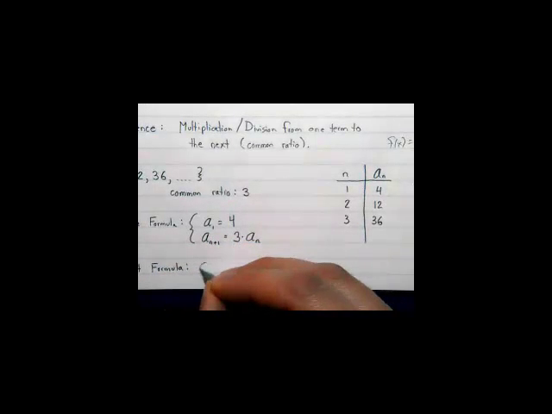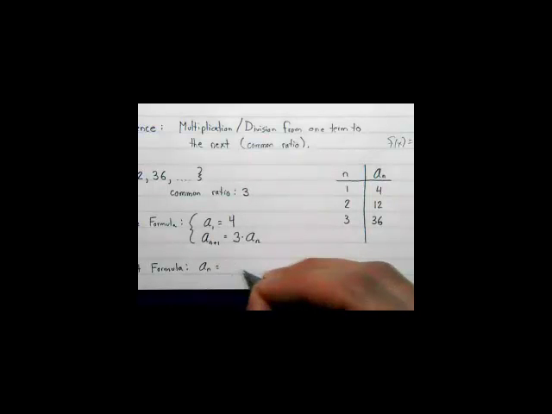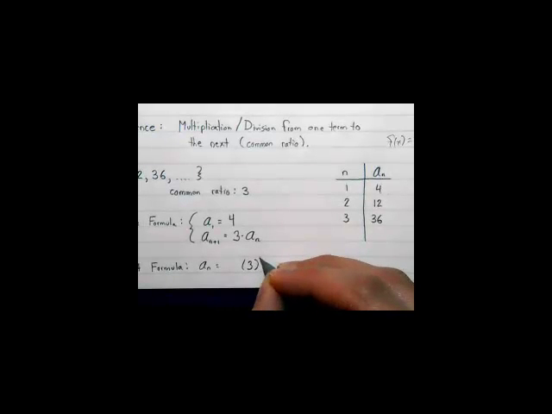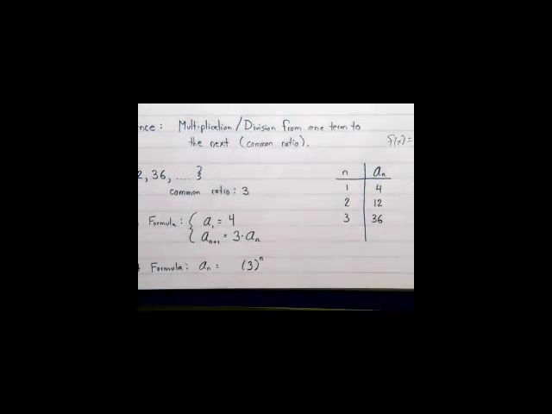So in my equation here, for my explicit formula, a sub n equals something, I don't know what it is yet, times 3 to the n. What number should go in the front? What's that a? Where does that come from?